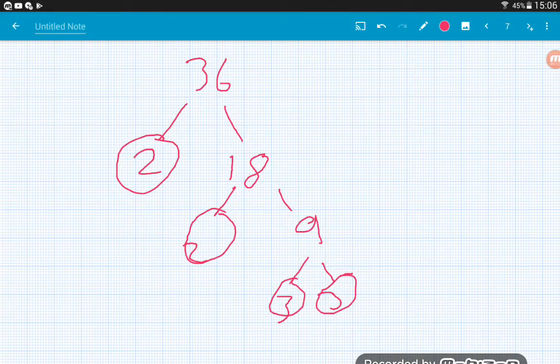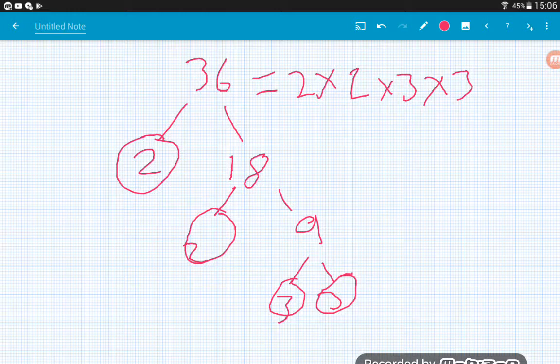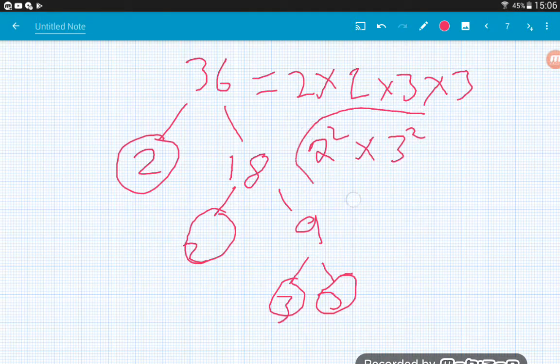So then we can say 36 is equal to 2 times 2 times 3 times 3. Now that we can sharpen up and say it's equal to 2 squared times 3 squared. So 36 is equal to 2 squared times 3 squared.